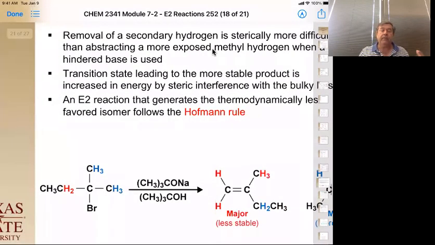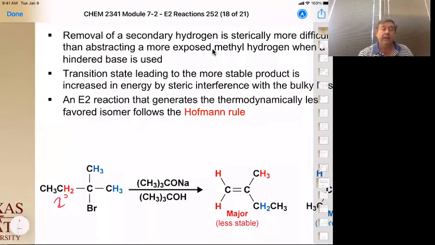The rule for Hofmann is that you look at the transition state where the hydrogen is anti to your leaving group, but it's one of the hydrogens that is less substituted. When we were first starting this, we said this is our secondary hydrogen, and it would be preferentially removed because it gives the more stable product.